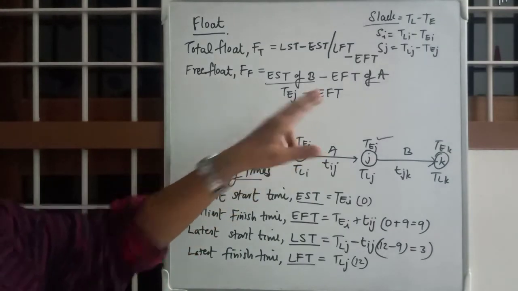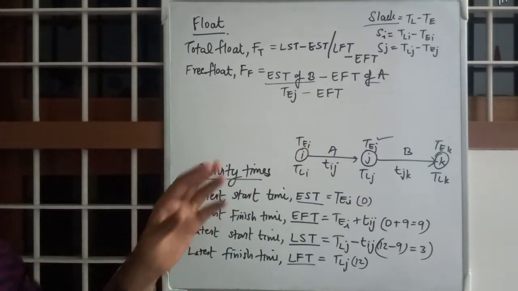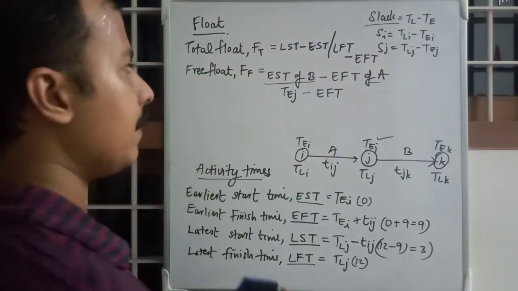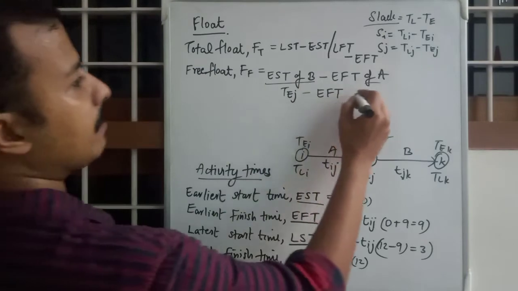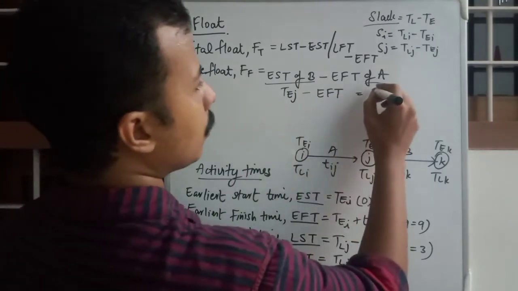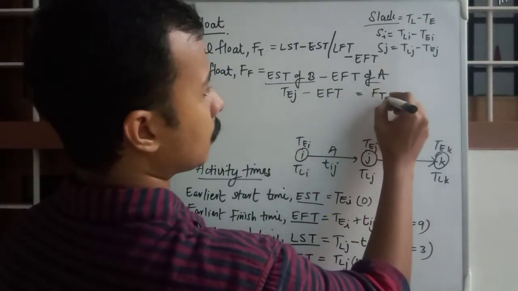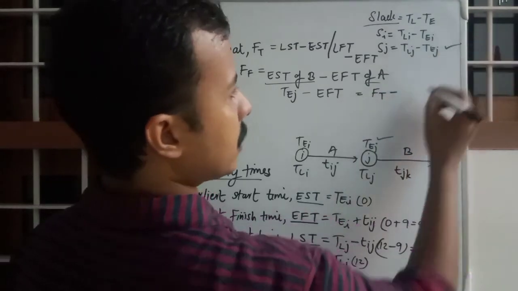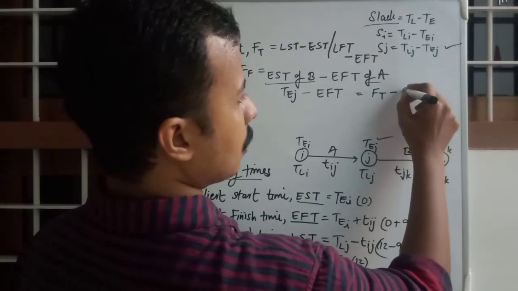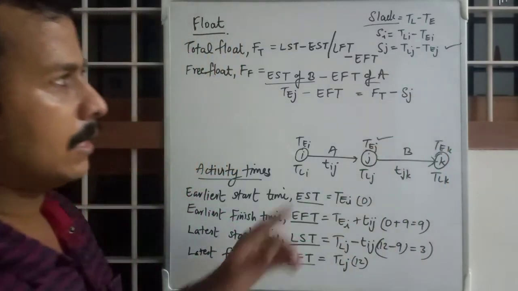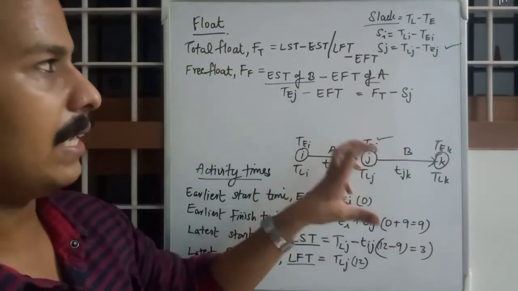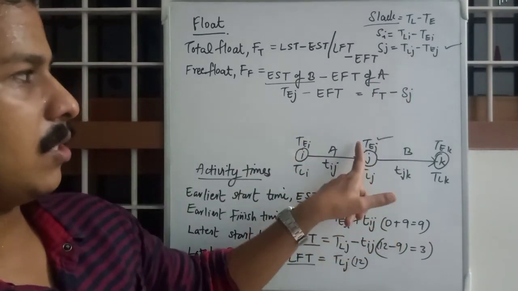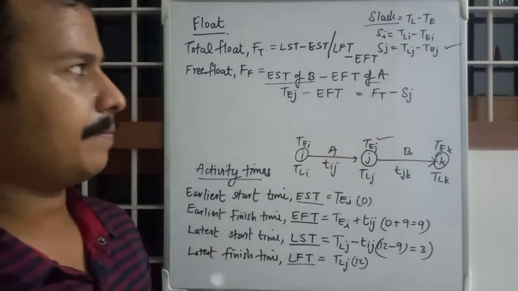So TJ minus EFT will be the free float, and you can find it out by one more way, that will be equal to total float minus SJ, that is the next head event's slack value, TLJ minus TEJ.